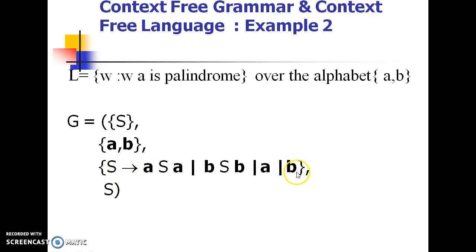All the other palindromes of length greater than 1 can be generated using the production S giving aSa or S giving bSb. If the string starts with a, it also should end with a; if it starts with b, it should end with b. Recursively we can apply this definition and substitute either a or b. We get all the palindromes which are of odd length. If you want to get even length, we need to have another production, S giving epsilon, in this definition.